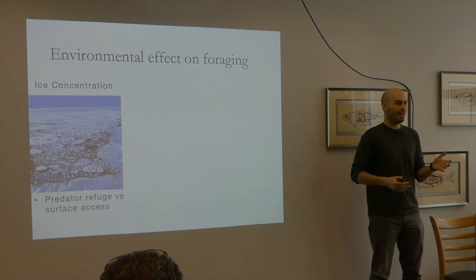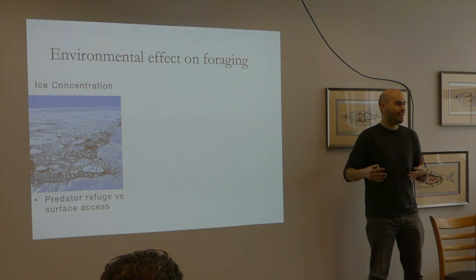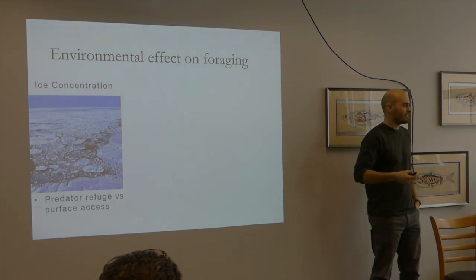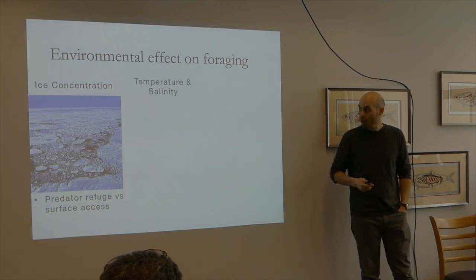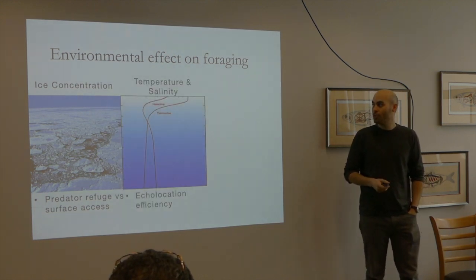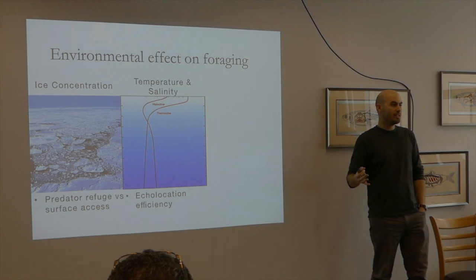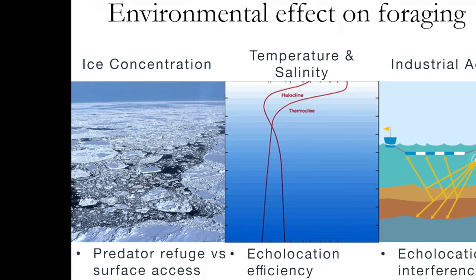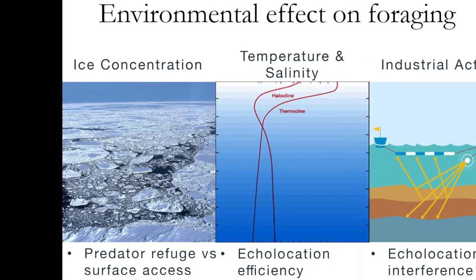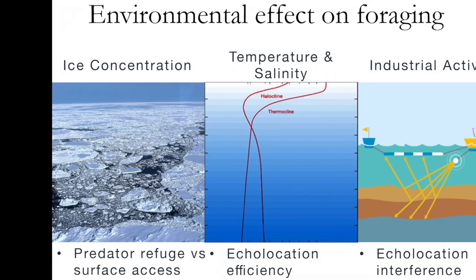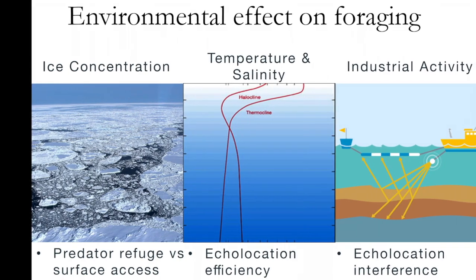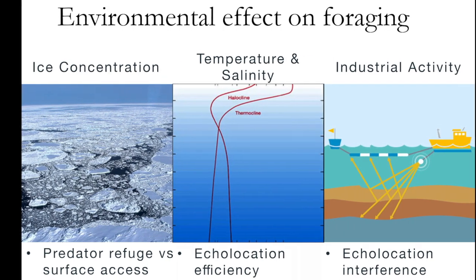On the other hand, if ice concentration is too high, that could impede access to the surface to breathe. I'll also use temperature and salinity, which affect the efficiency of echolocation by affecting sound attenuation. And lastly, industrial activity, which can also interfere with echolocation and other behaviors.